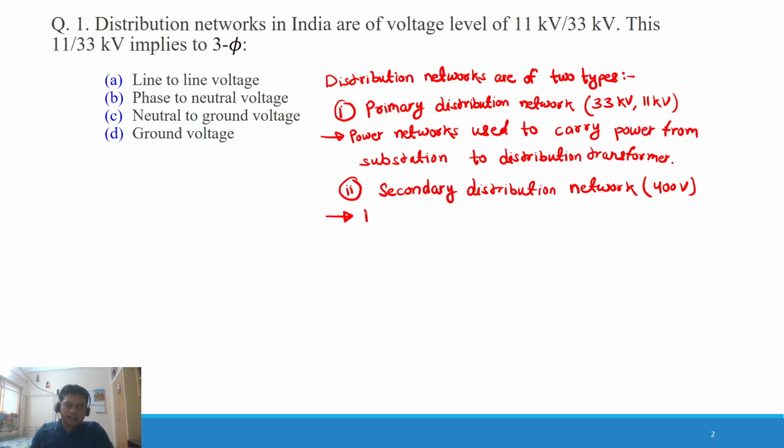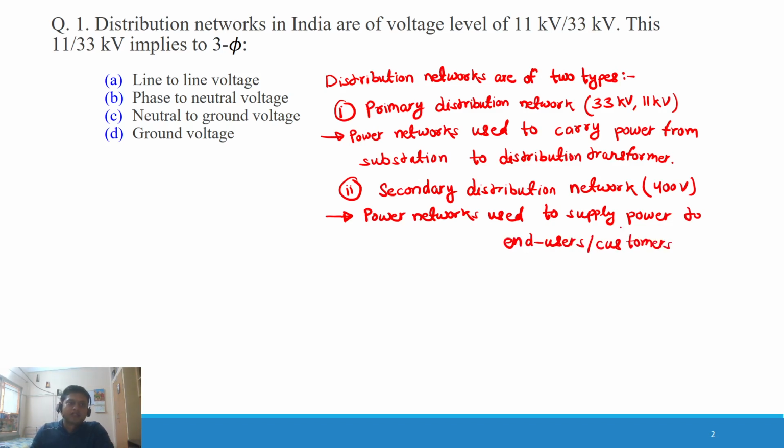So the secondary distribution, we can write, is the power network used to supply power to individual customers. So these voltage levels are line to line voltage. So the correct option is A.